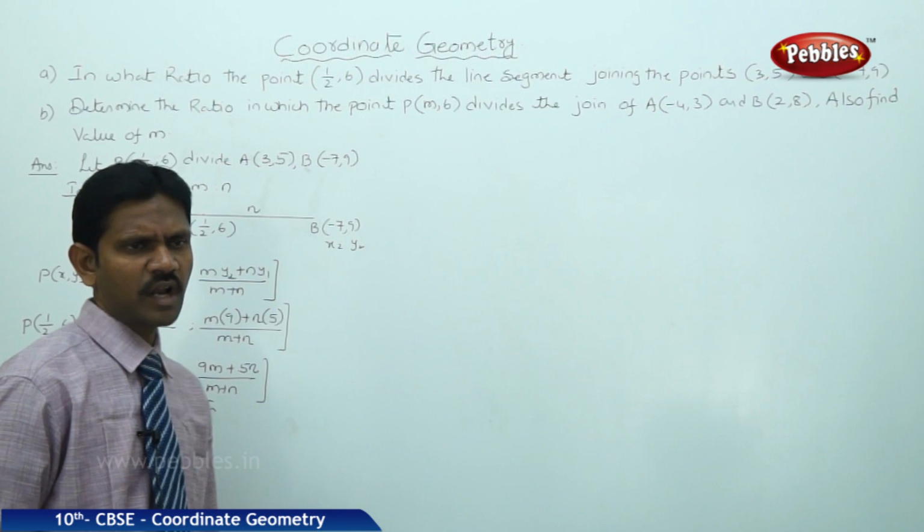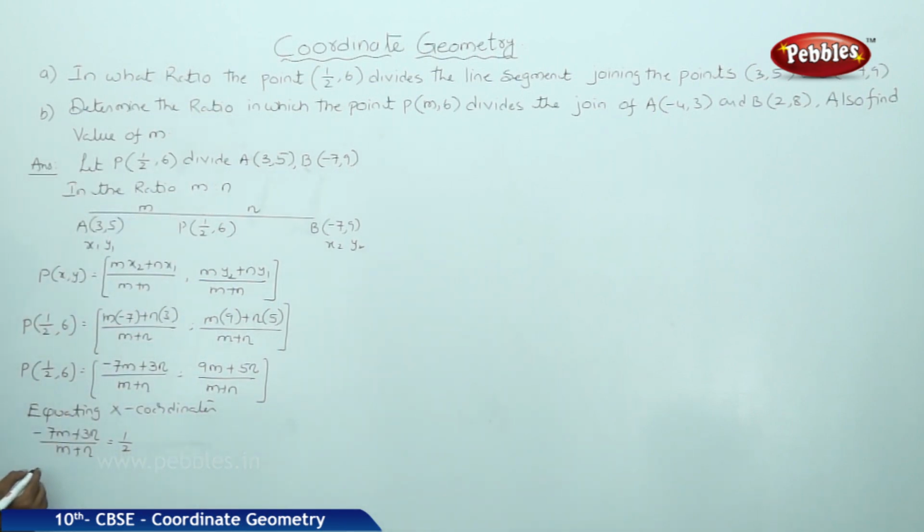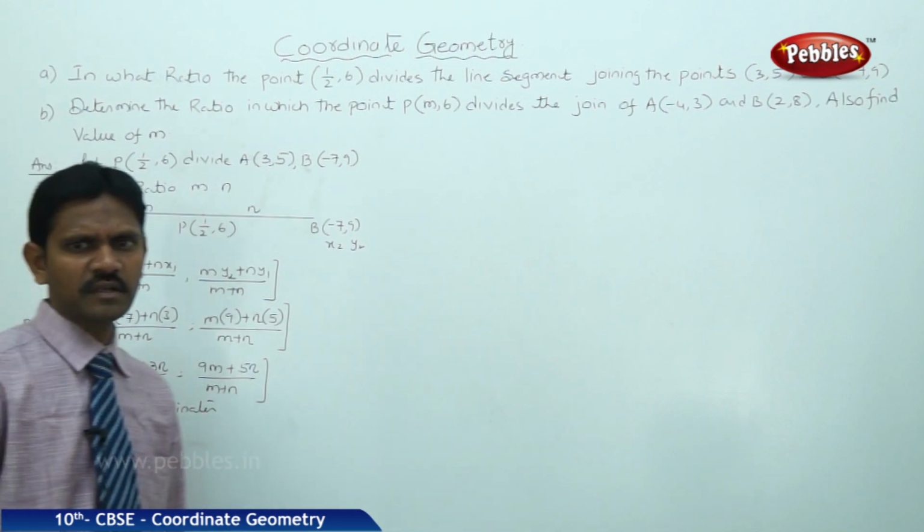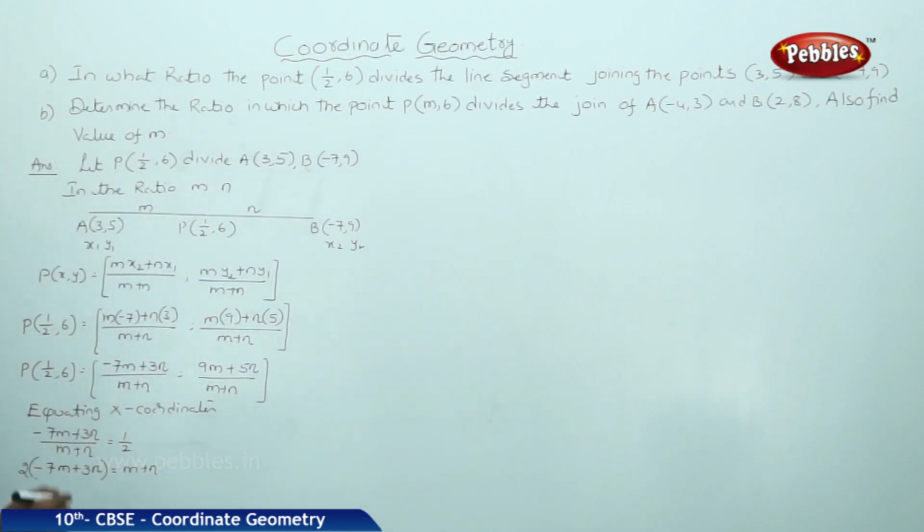That is cross multiplication: (-7m plus 3n) into 2 is equal to (m plus n) into 1, that is m plus n. Next, 2 into -7m, -14m plus 6n is equal to m plus n.